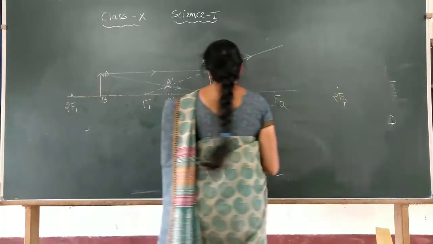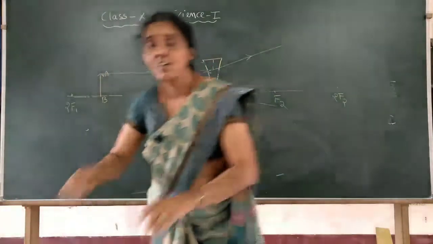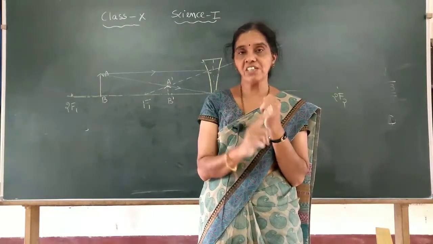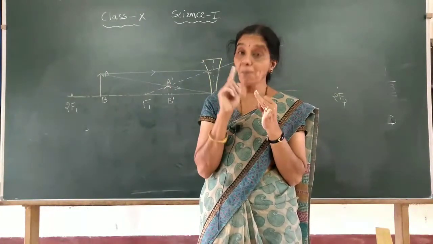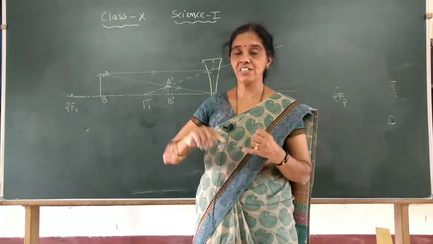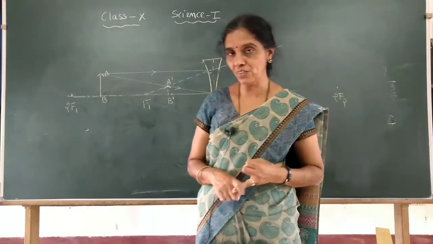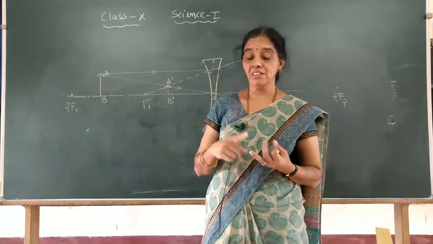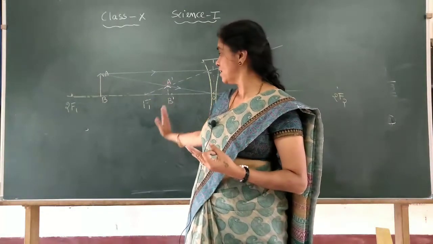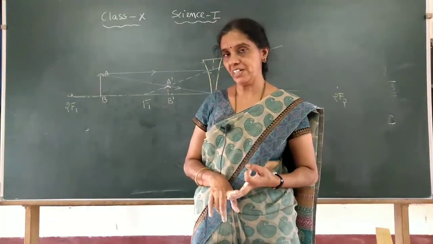So always remember: for a convex lens, focal length is positive. For a concave lens, and for a concave mirror also, the focal length is negative. If it is a real, inverted image, its height is negative, and if it is a virtual image above the principal axis, the height will be positive.